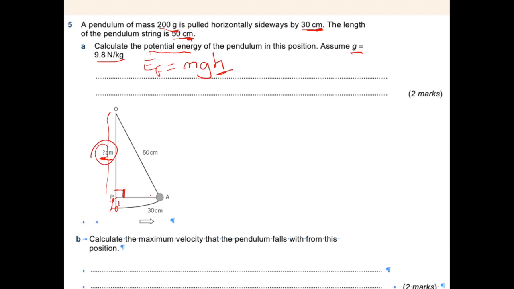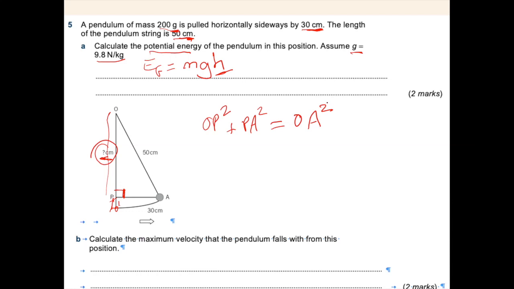Okay, so let's write out the equation then. We've got OP squared plus PA squared is going to equal OA squared.